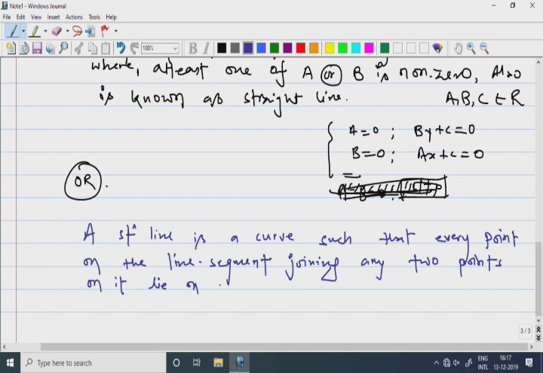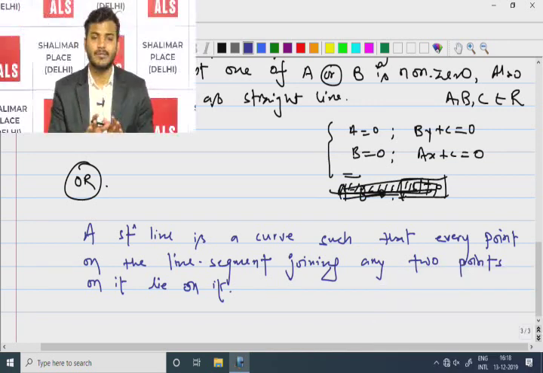When you're saying two or three, it must be points. Line segment means there can be an infinite number of smaller segments. If you divide a complete line into smaller cuts, any point lying on these segments will be lying on the straight line.